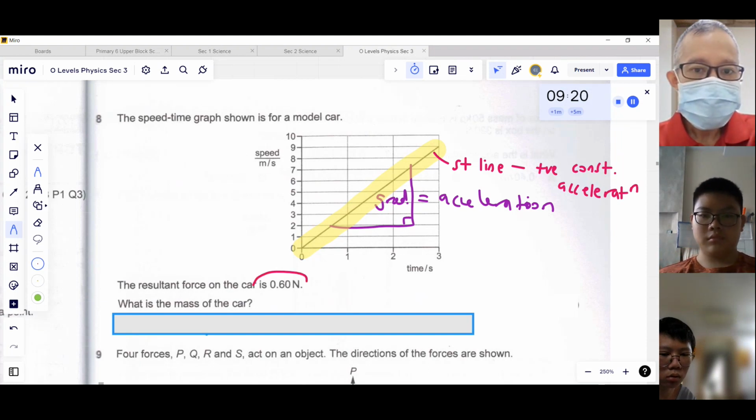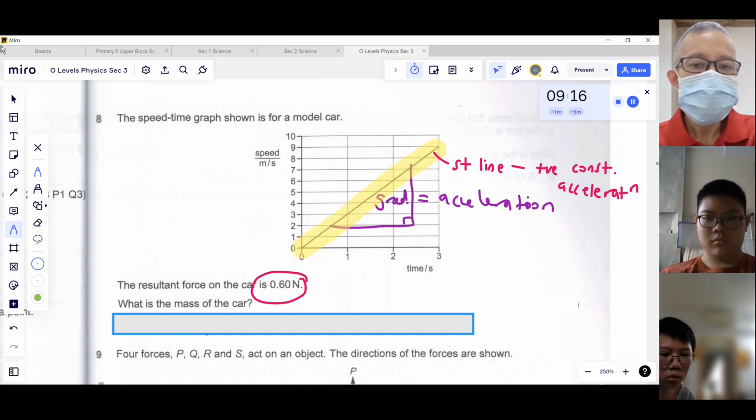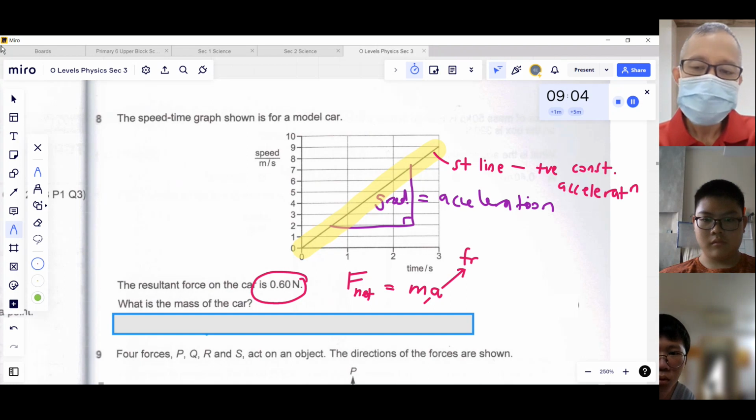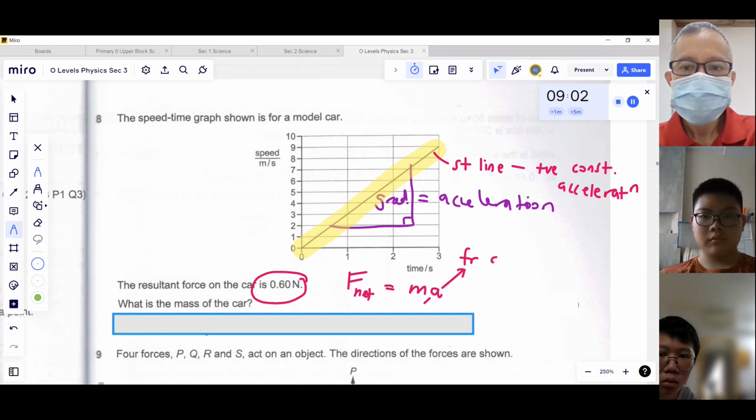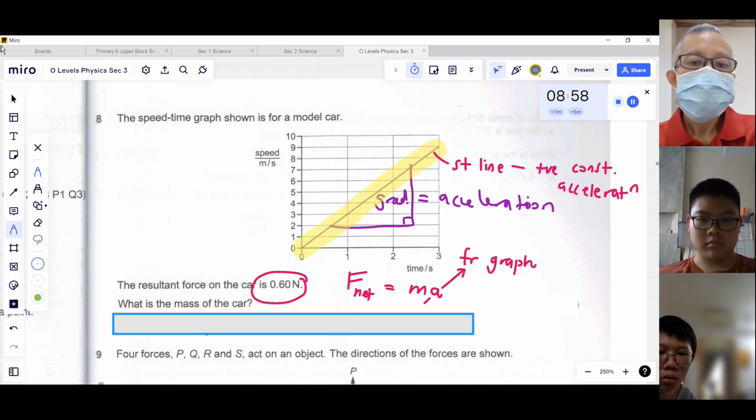Now, resultant force is 0.6 Newton. What is the mass? Now, guys, I told you before, there's only one single formula to use. Acceleration, you found out from the graph. Or you are supposed to find out something, right? Now, try to interpret these words correctly.